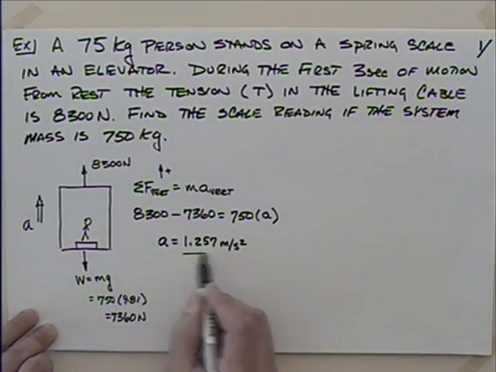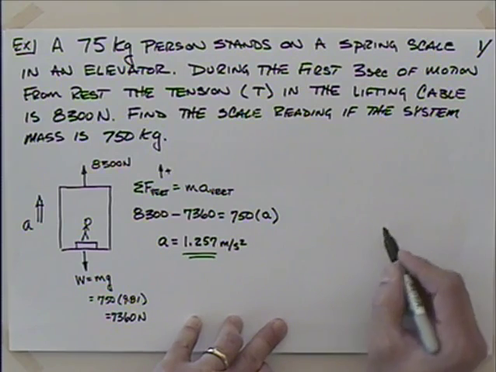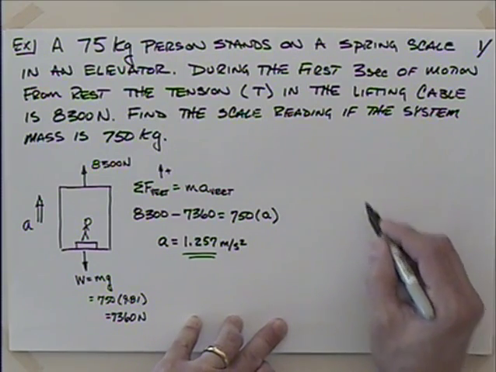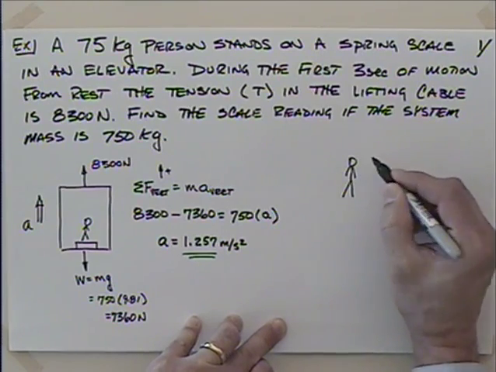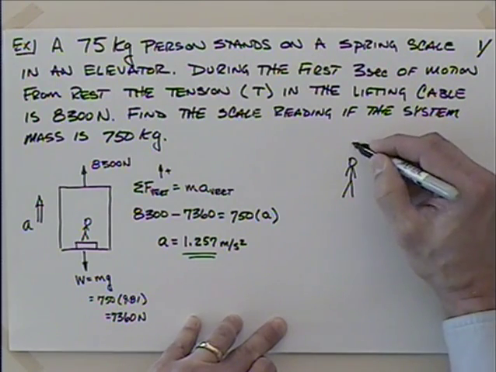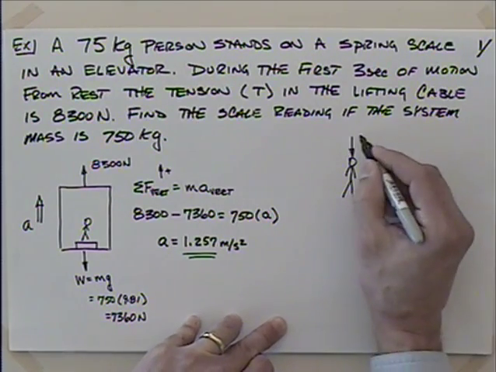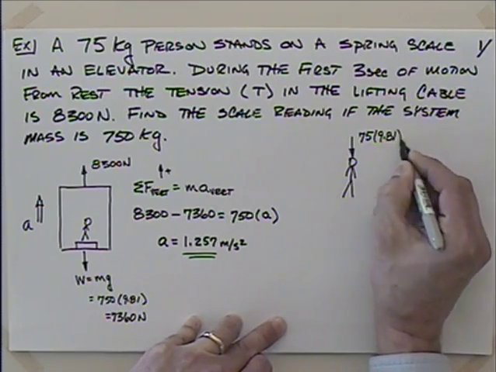So what I'm going to do is take this acceleration here and draw another free body diagram. So we have this person standing on the scale. And we're told that that person is 75 kilograms, so there's some weight, which would be 75 times 9.81.